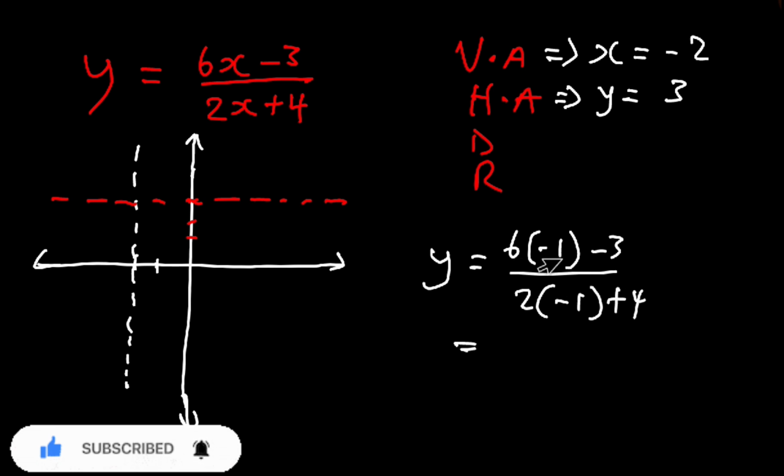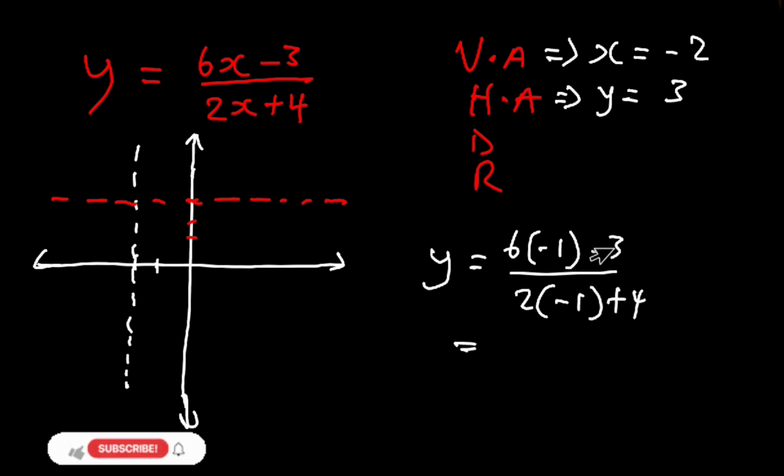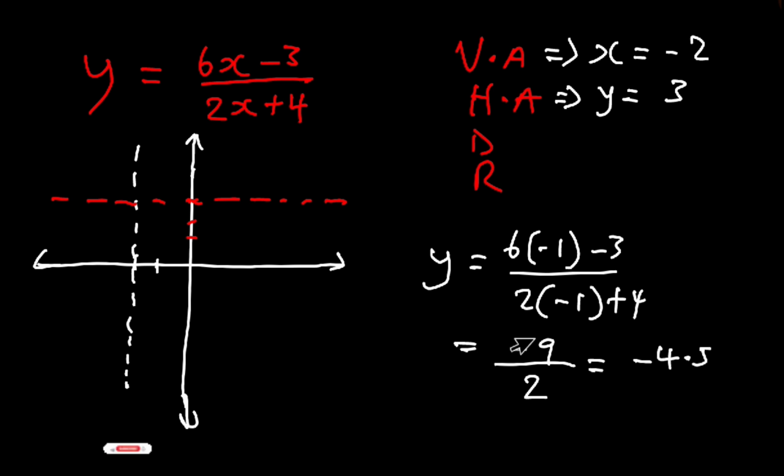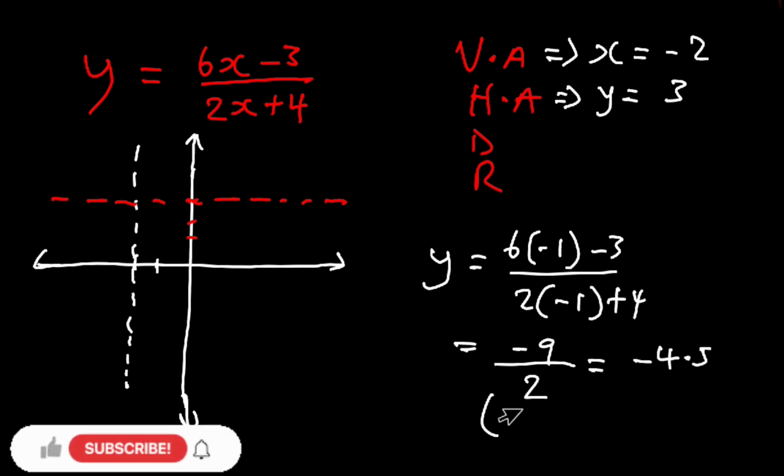So 6 times -1 is -6, -6 minus 3 is equal to -9, divided by 2 times -1 is -2, -2 plus 4 is equal to 2. So -9 divided by 2 is equal to -4.5. So we have the coordinates x is -1 and y is -4.5.